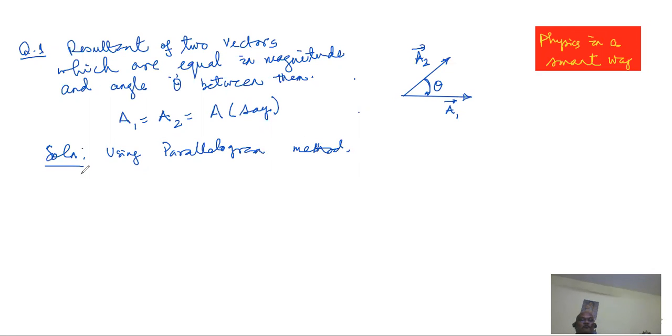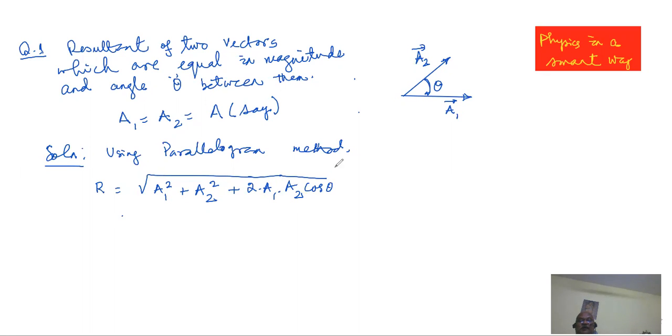Parallelogram rule, we know the formula says R equal to square root of first vector magnitude square plus second vector magnitude square plus 2 times magnitude of the first into magnitude of the second into cosine of the angle between them. So that is cos theta.